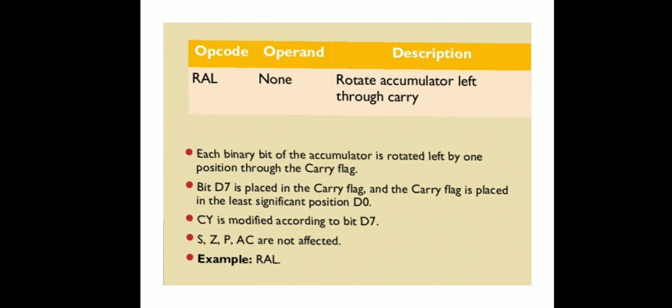Now, rotate accumulator left through carry. That is, each binary bit of the accumulator is rotated left by 1 position through the carry, and the D7 bit is placed in the carry flag, and the carry flag is placed in the least significant position D0. The carry flag is modified according to the bit D7, and the other flags are not affected by this instruction.